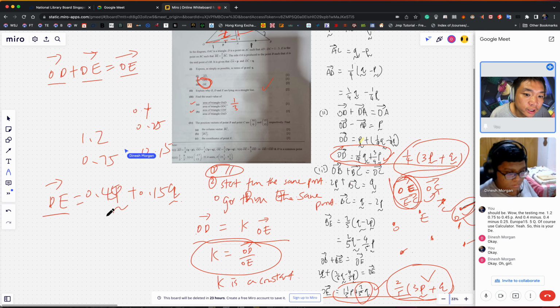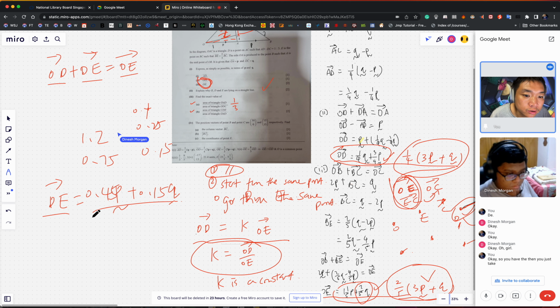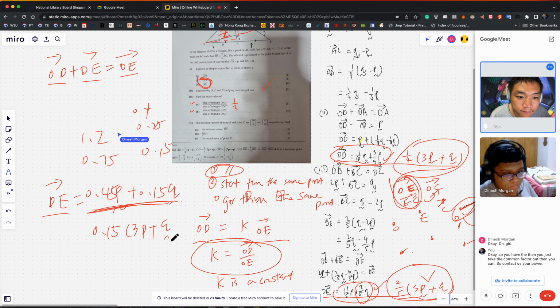So you have DE, then you just take the common factor out. The common factor is 0.15, so it's 3P plus Q. So you take DE over OD, using the common height.